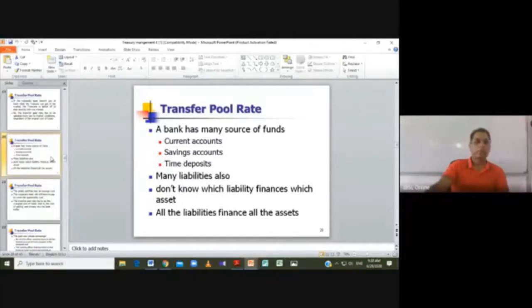So the pool rate is basically the transfer pricing rate. It is the rate at which Treasury will borrow from the borrowing department and lend to the lending department. To decide on that, the bank will decide on the factors: how many current accounts, how many savings accounts, time deposits, what the duration of those time deposits is, and how much money is sitting in each of these accounts.